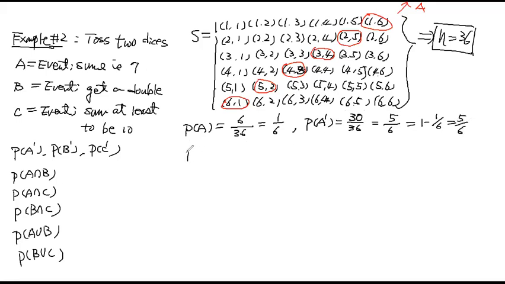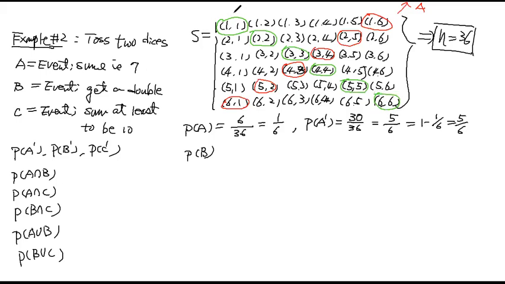Okay, now let's take a look at the probability of B. For B, I'm going to use a different color. B says I got a double. So what do I mean by the double? This is the B: (1,1), (2,2), (3,3), (4,4), (5,5), and (6,6).